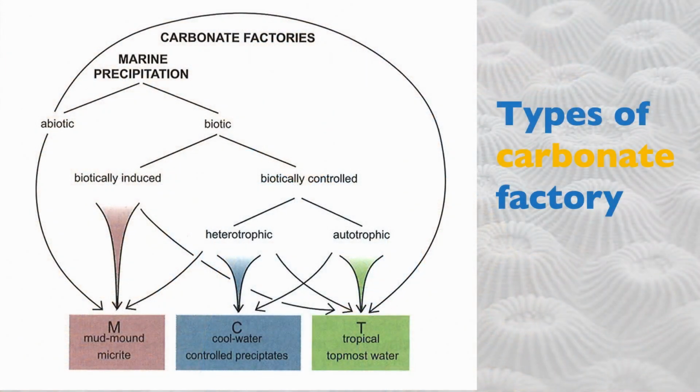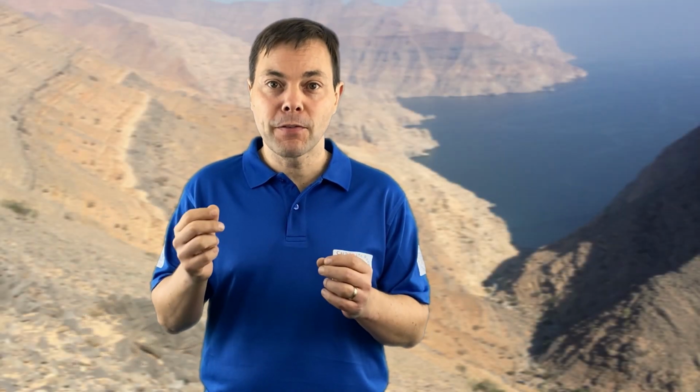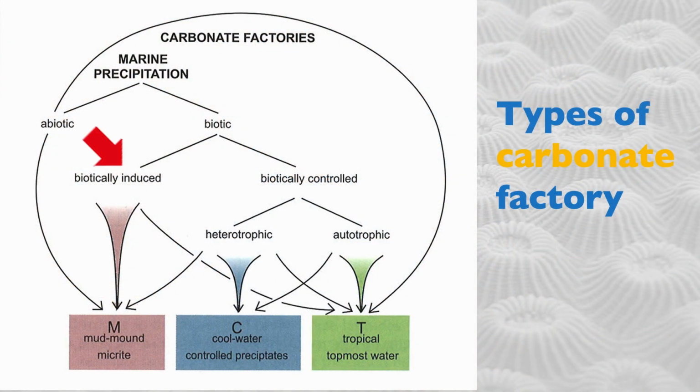So now if we go back to the concept of carbonate factory, we see that we can have three types of factories. One is known as the M factory. M stands for mud mounds or micrite. Remember, micrite is a carbonate mud, a very fine carbonate mud. The M factory is controlled or dominated by biotically induced precipitation.